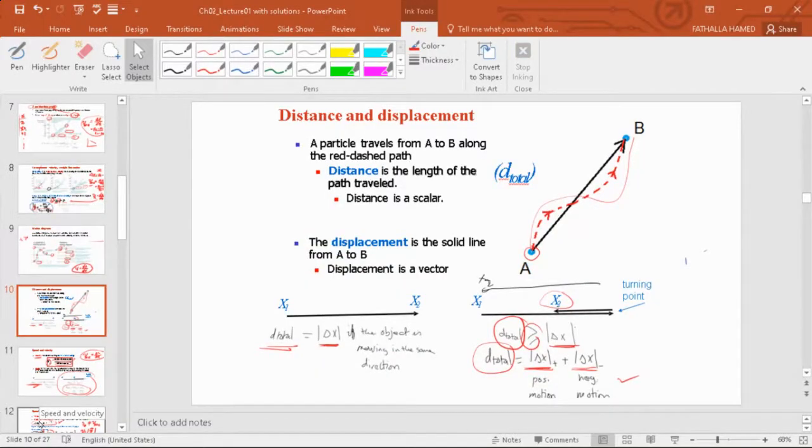So in the previous slide, we differentiated between two things: v of x, which we said is delta x over delta t, and Vx, which is equal to dx by dt.